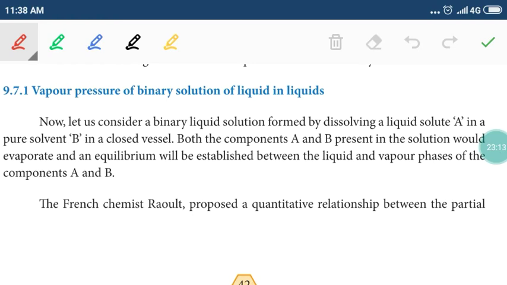And the scientist Raoult proposed that the vapor pressure of the liquid, that means partial pressure, is directly proportional to the mole fraction of that liquid in the solution. So this is also like Henry's law.